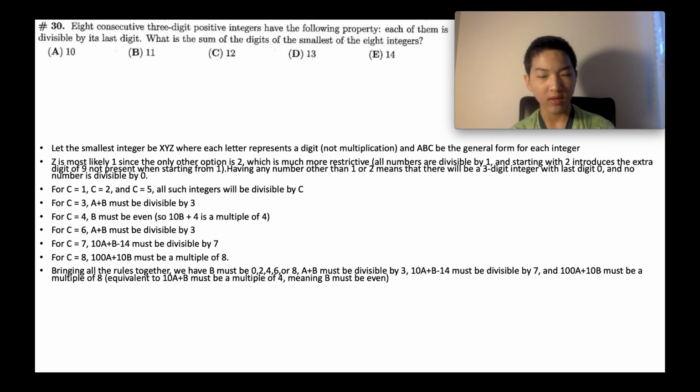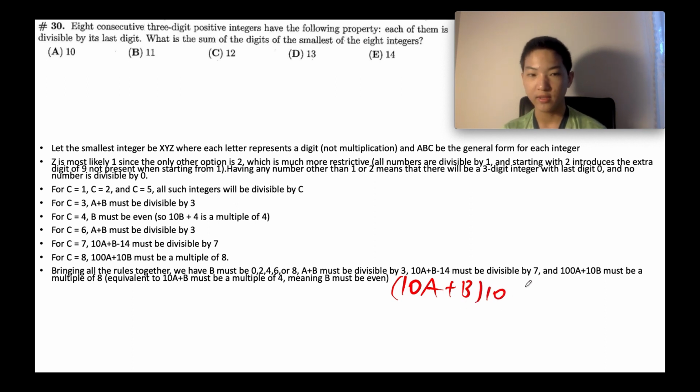The condition that 100a plus 10b must be a multiple of 8 is equivalent to 10a plus b being a multiple of 4. What we can do is factor out a 10, so 100a plus 10b must be equal to 0 mod 8.